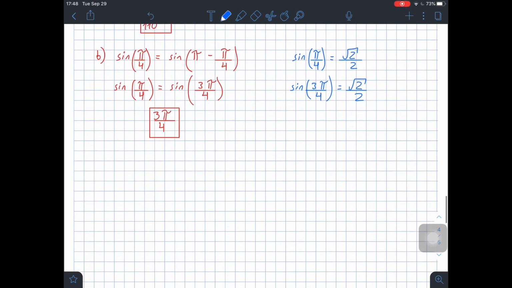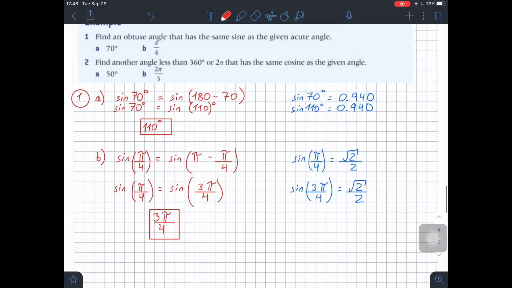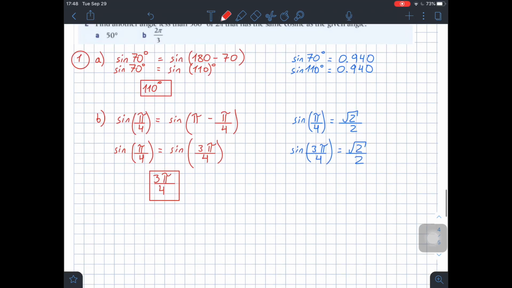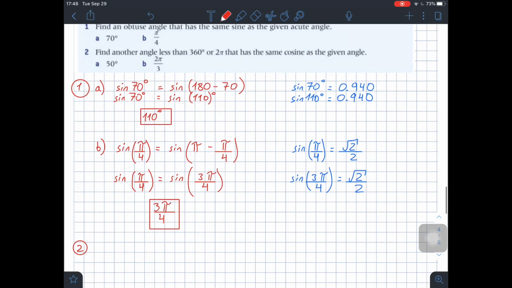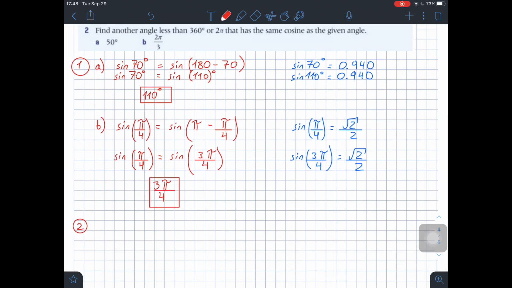Now, for part 2, this one over here, we're going to be doing the same thing, but now I think it's for cosine. It says, find another angle less than 360 degrees or 2 pi that has the same cosine as the given angle. So now we're working with cosine. If we have 50 degrees, this is part A, we need to find an angle that will give me the same cosine value, right?